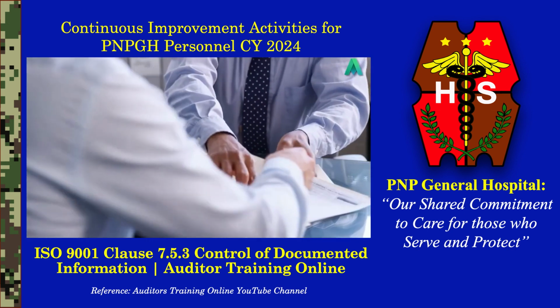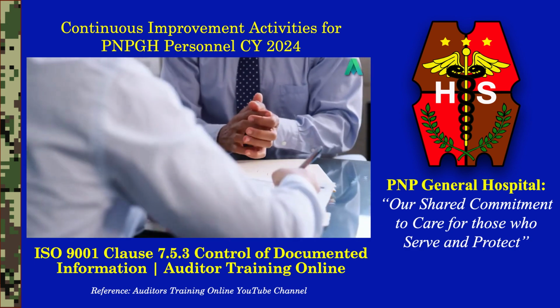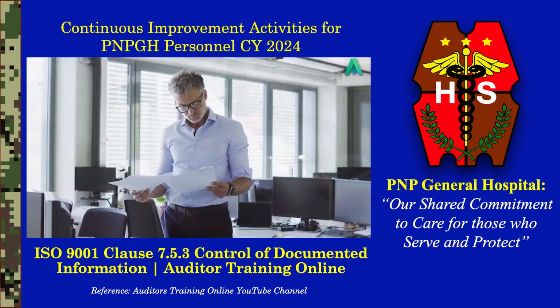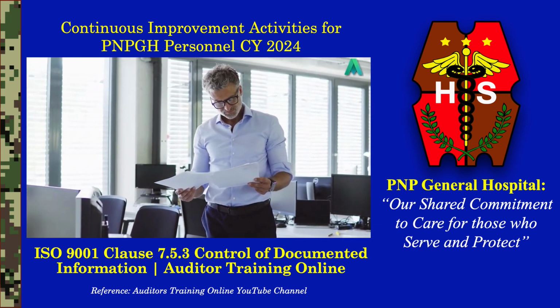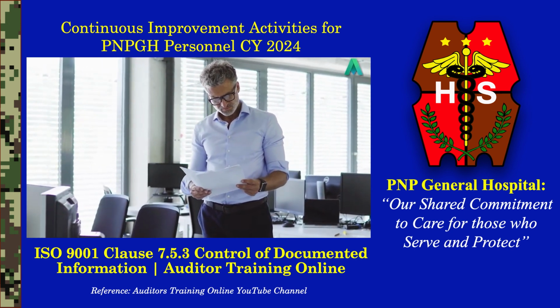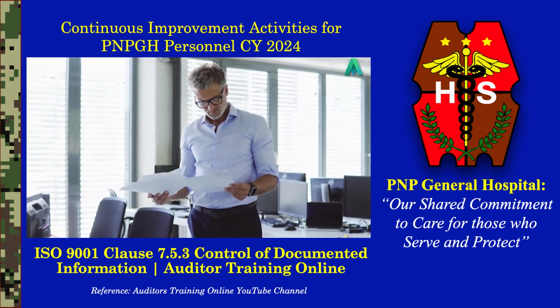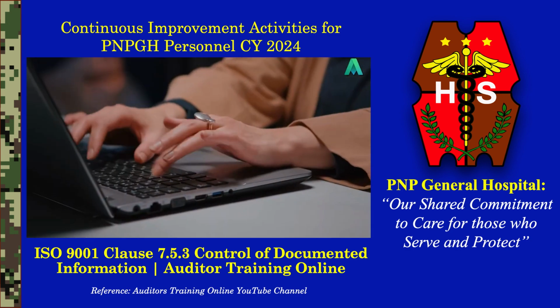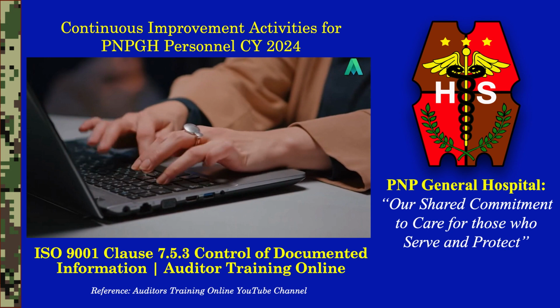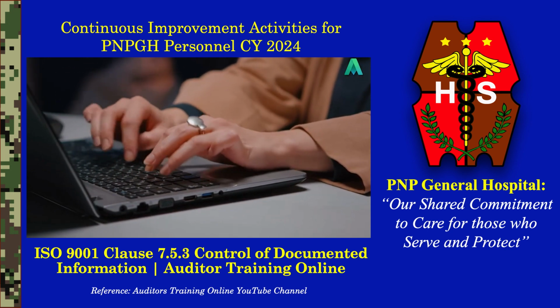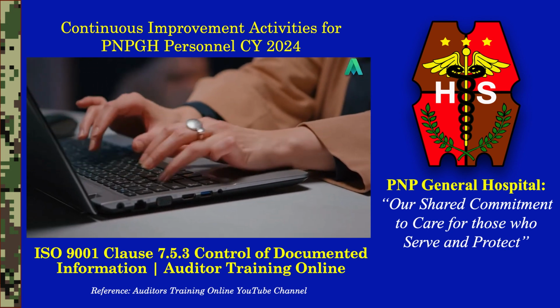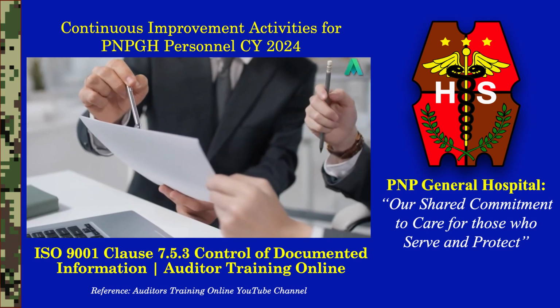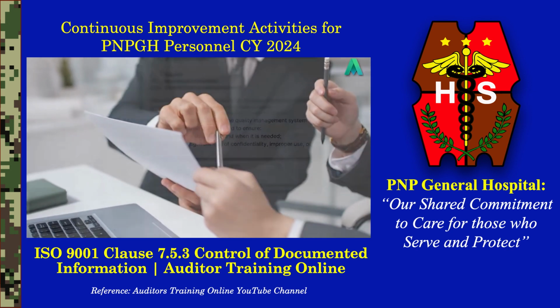Okay, so if we need to access documented information within our organisation, we need to ensure it's available to the right people. It's suitable for their use. So do they need it in electronic form? Do they need to be able to access it on a tablet? Does it need to be in hard copy? Does it need to be more visual, like a video, for example?